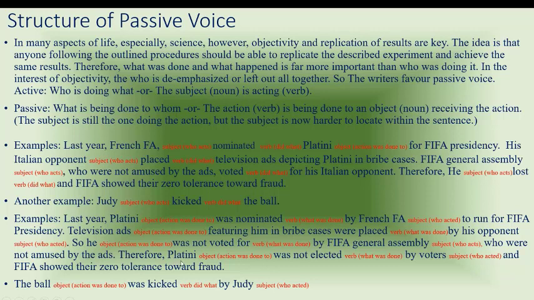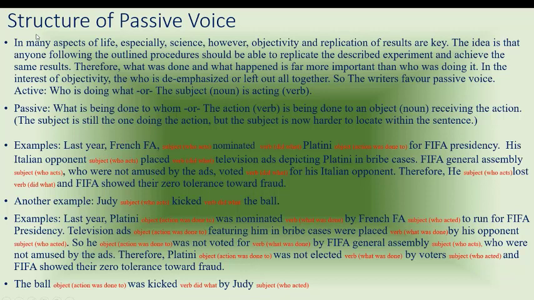Therefore, Platini was not elected by voters, and FIFA showed their zero tolerance toward fraud. Now, the second sentence is rather easier. The ball, the original object, was kicked by Judy.